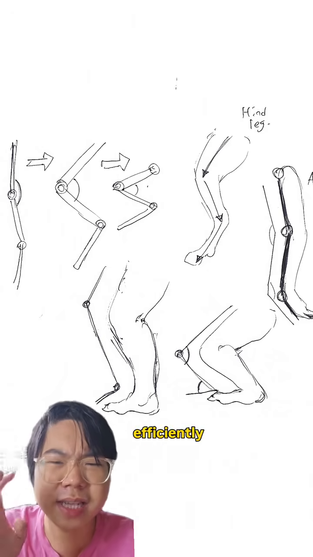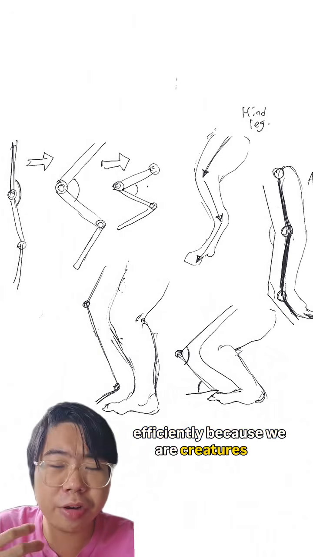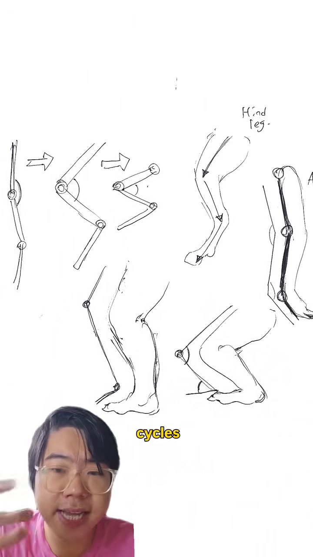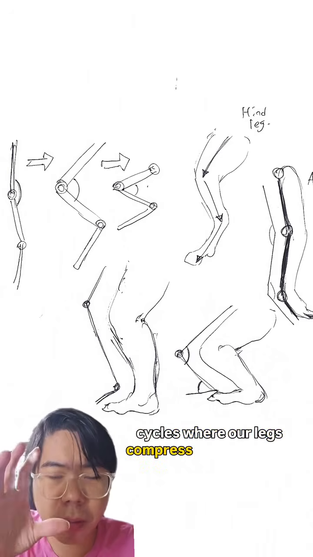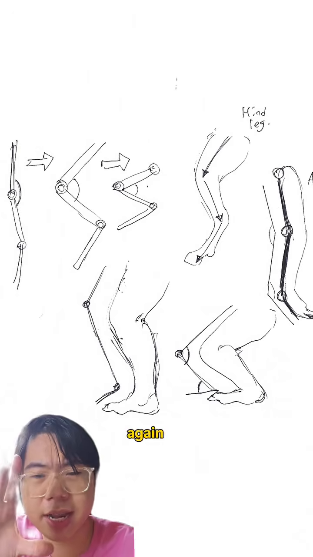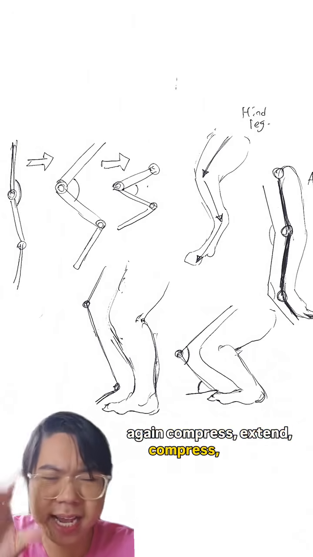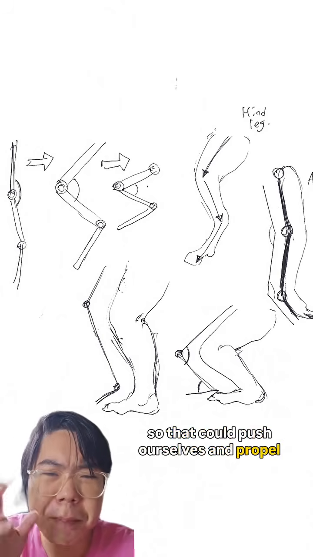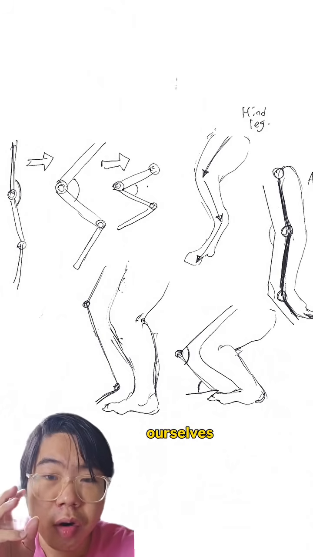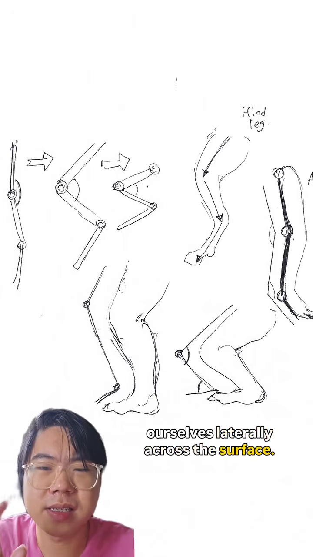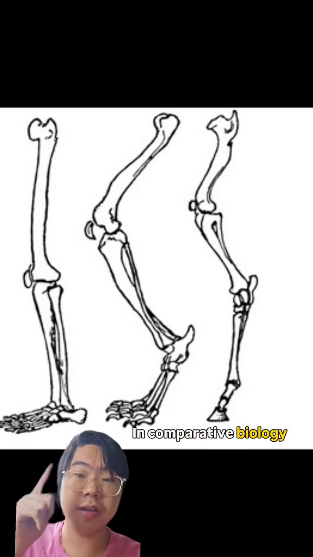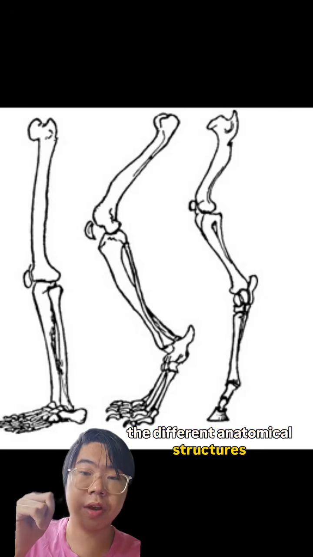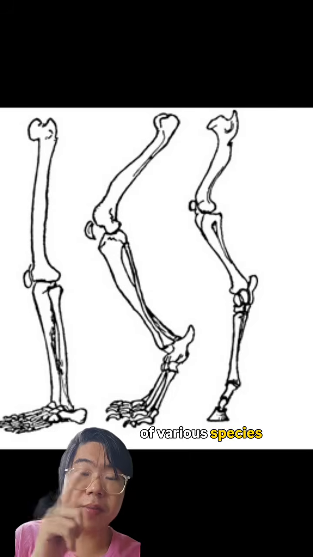So this works efficiently because we are creatures of locomotion, where we need to constantly have walk cycles where our legs compress and spring out again, compress, extend, so that we could push ourselves and propel ourselves laterally across the surface.